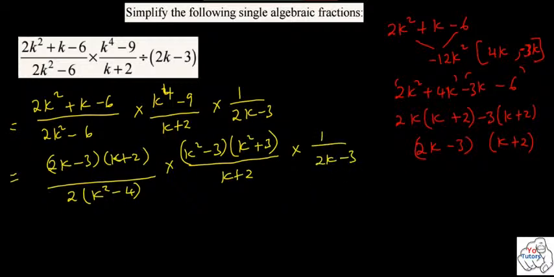Then we can cancel out what we can cancel out so far: that one here, k plus 2, we can cancel them out. Then you're left with k squared minus 3 and that one.